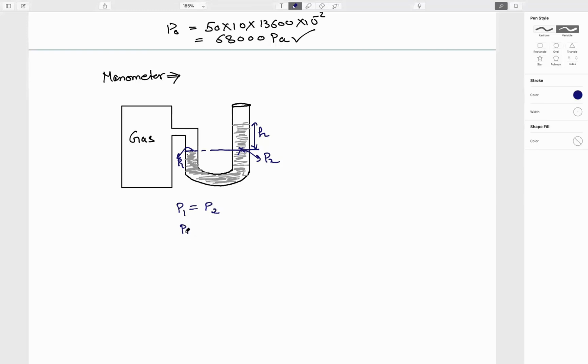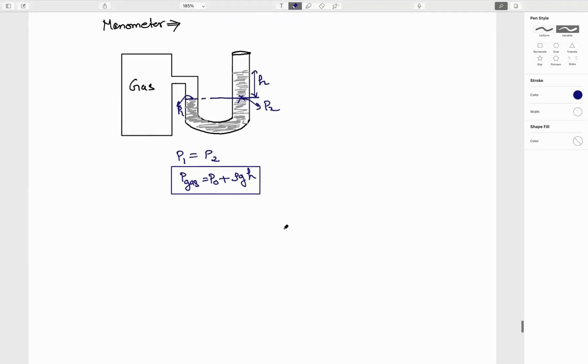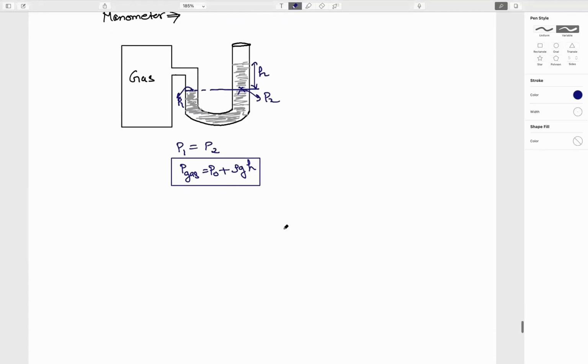P1 is the pressure of the gas, and P2 is the atmospheric pressure P naught plus rho g H, where H is the height of the fluid. So this is the way the manometer works, and this instrument has high applications. Some questions will come on this. You may go through it. I will not discuss any question here, but this is how the manometer works.